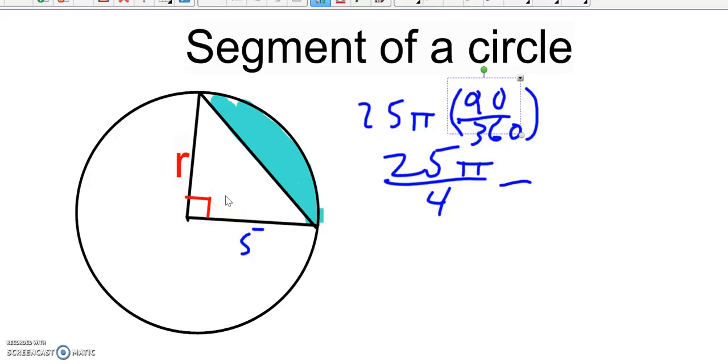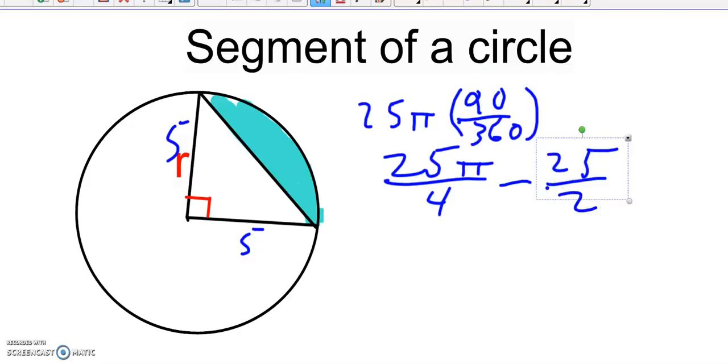And the area of this triangle, because every radius is the same, we know this radius would be a 5 also. So we're basically looking at half of a 5 by 5 square. Your area of a triangle formula, of course, is 1/2 base times height. So 1/2 of 5 times 5 is 25/2.